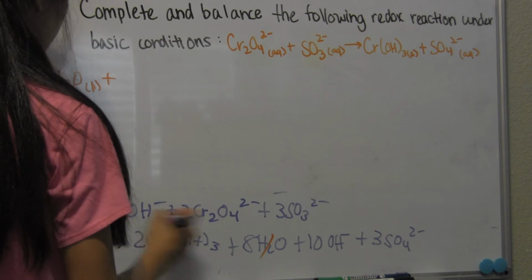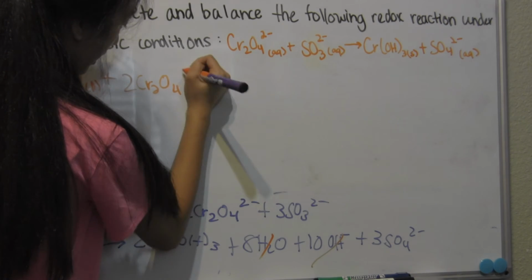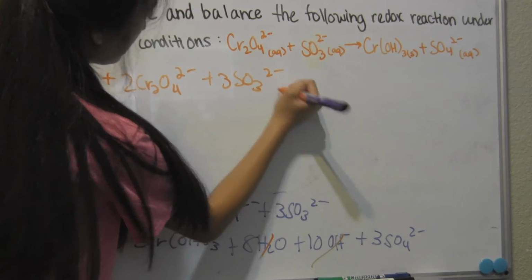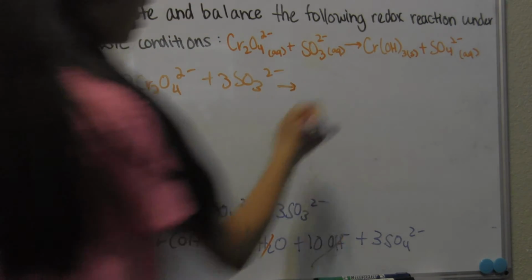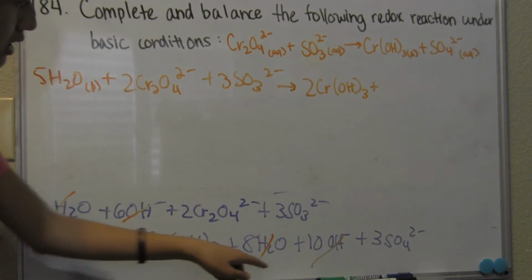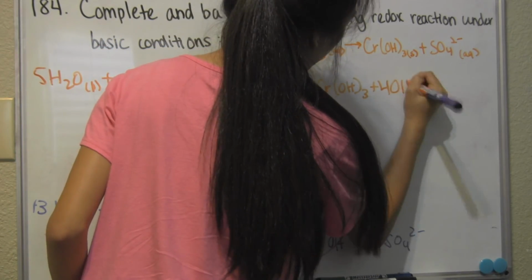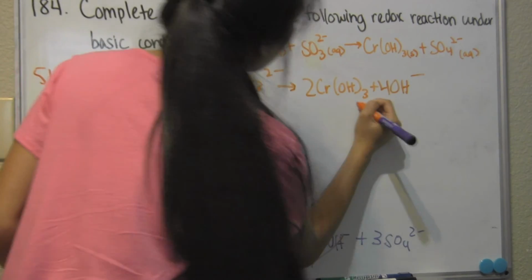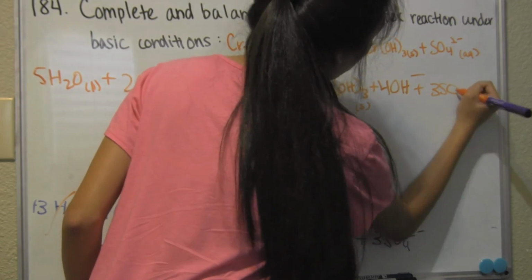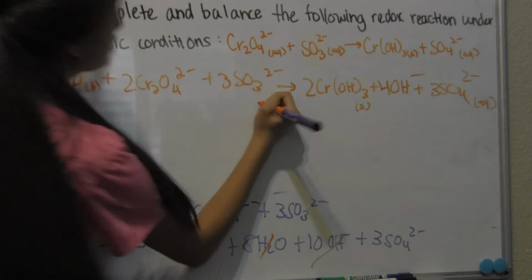So then you would have a plus 2 Cr2O4 2 minus plus 3 SO3 2 minus, and that'll yield 2 Cr(OH)3 plus the OHs, so that's going to be 4 OH minus, and this is solid right here, plus 3 SO4 2 minus, aqueous. And this one's aqueous as well.